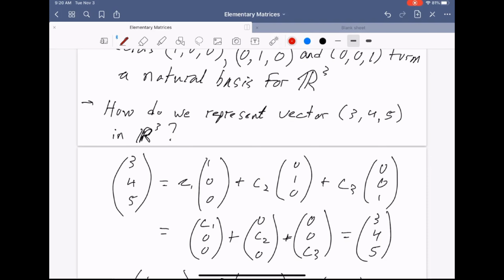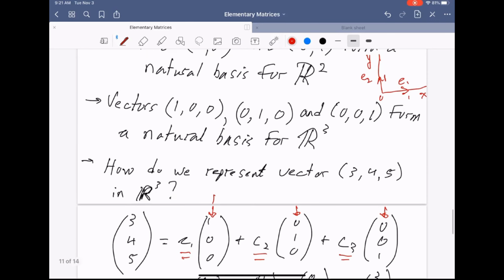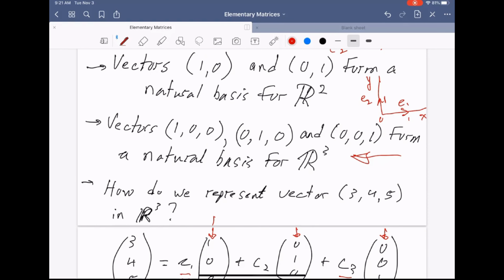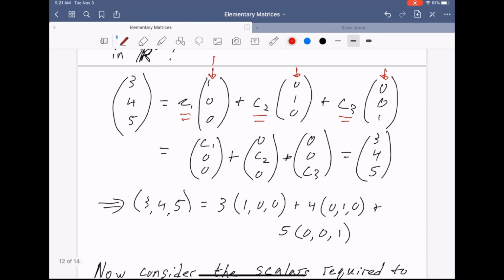All right, so these are now, I've put these as column vectors, and what we want to show is that we want to solve for C1, C2, and C3. All right, and this is the natural basis. These three vectors form that natural basis, as I pointed out right here. All right, and what we do is we have 1, 0, 0, 0, 1, 0, 0, 0, 1, and that ends up being simply a vector of C1, C2, C3.